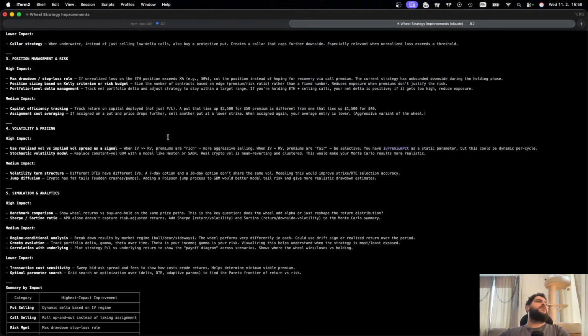Okay, let's get to the... Wait, I didn't finish with the medium impact, right? Capital efficiency tracking. Track the return on capital deployed, not just P&L. A put that ties up 2,500 for 50 premium is different from one that ties up less. Assignment cost averaging.